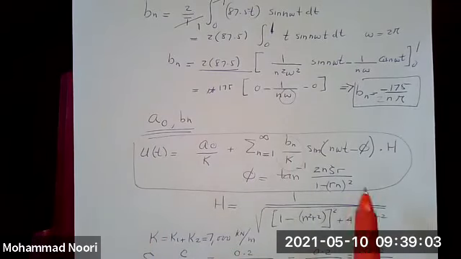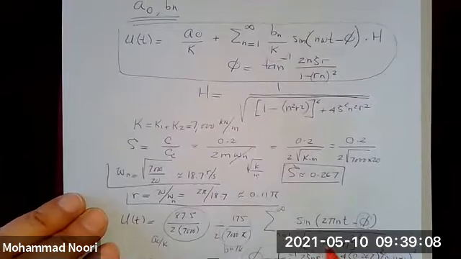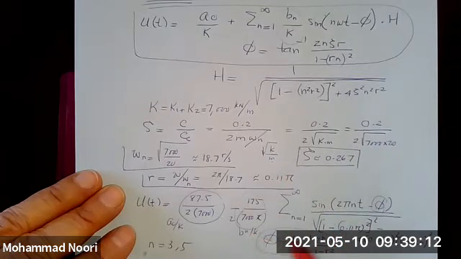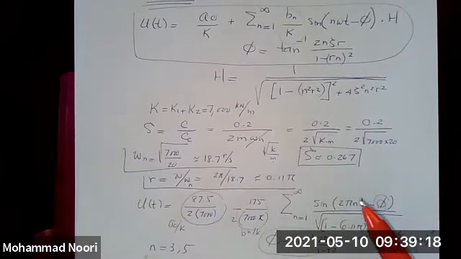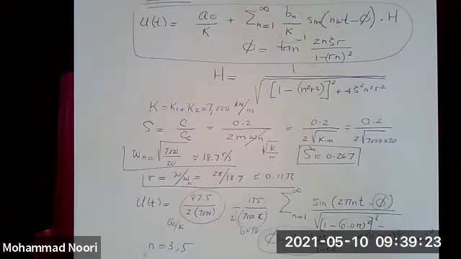Once you find the response, in this case obviously a sinusoidal function, the amplitude of that sinusoidal function would be your maximum value of the response, plus, of course, this constant term.